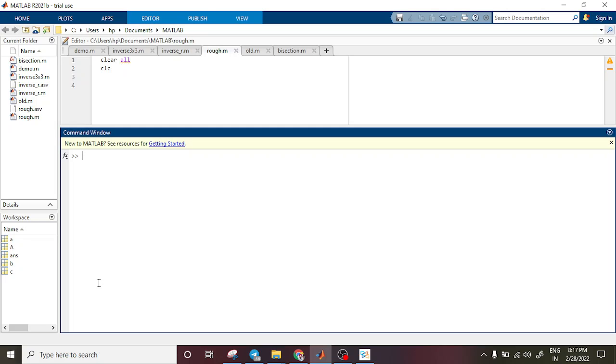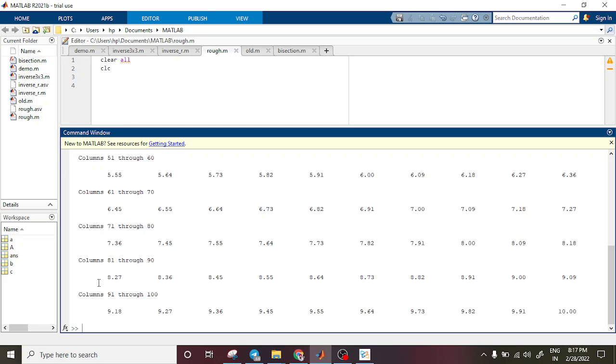Now next one is linspace. Linspace is also very, very interesting. If I'm writing linspace 1 comma 10, this gives you the answer of 100 terms.